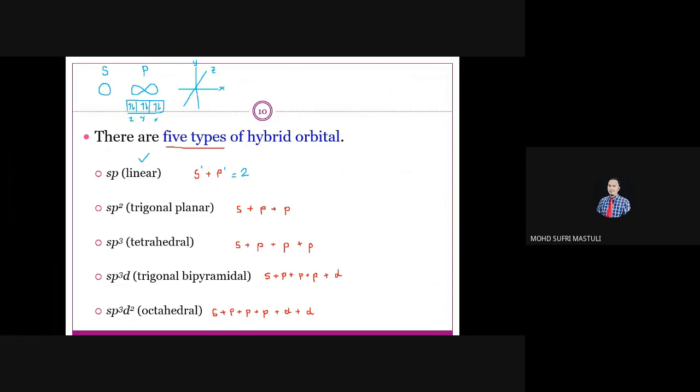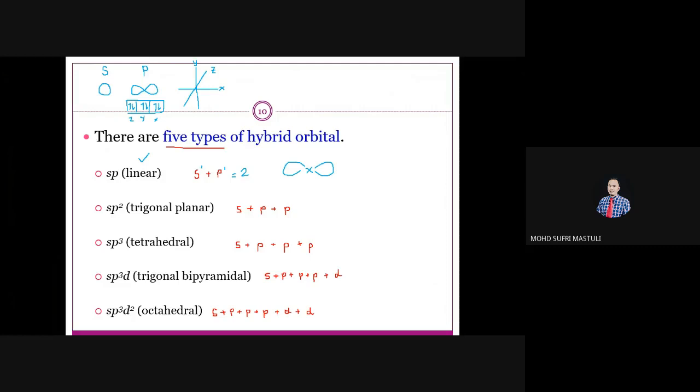So whatever atom, for example X atom, has this hybridization, the geometry should be linear. It looks like this, like the p orbital, linear.